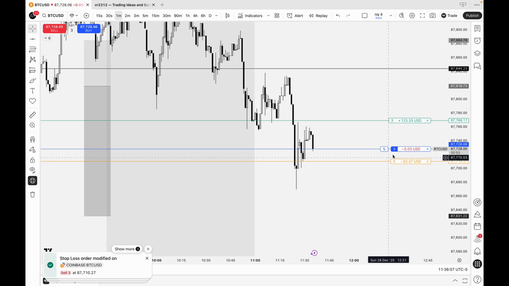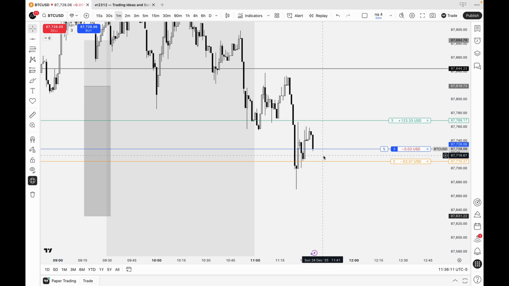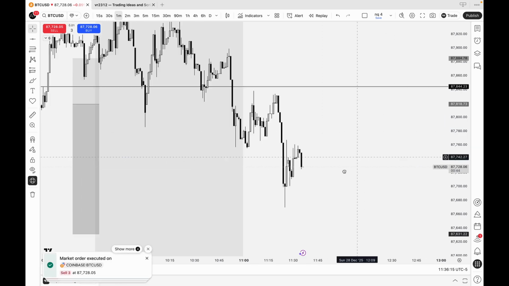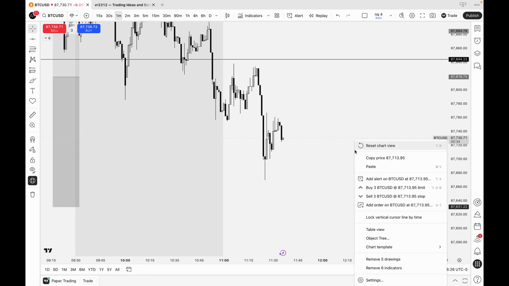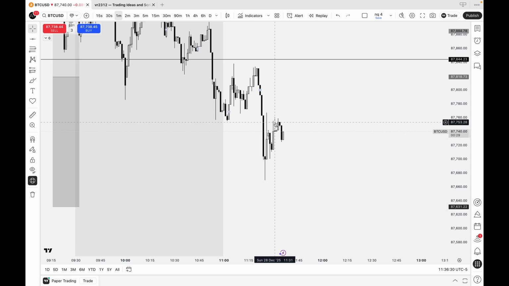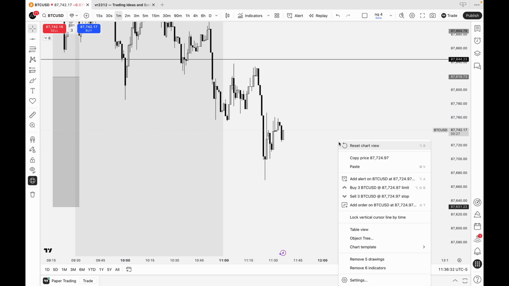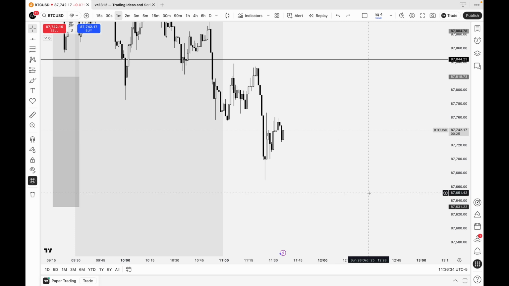So right now I'm entered into this position and now price can do whatever it wants to do. The final type of order is called a stop order. A stop order triggers only after price breaks a certain level. If I want to place a stop sell order, I would go below the current price and click on this.